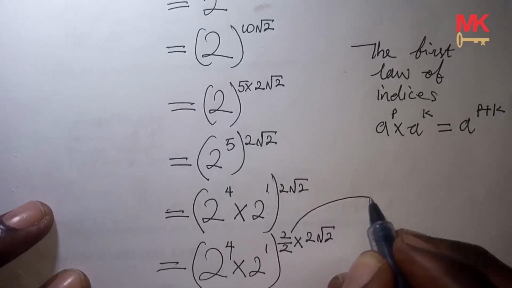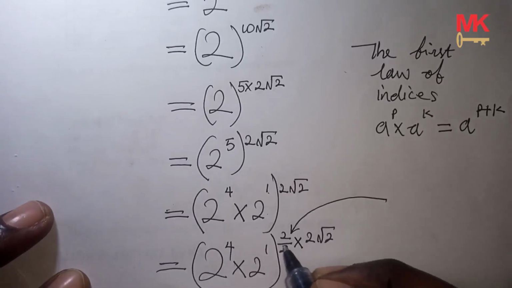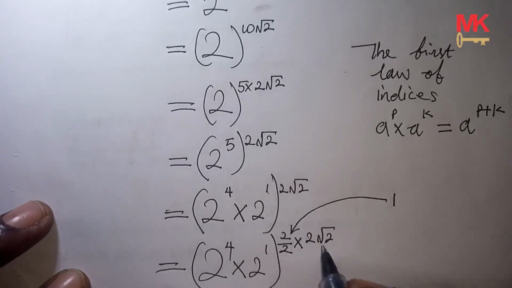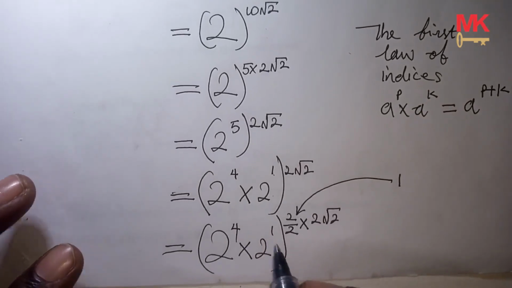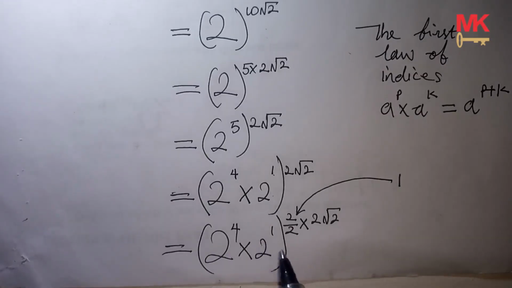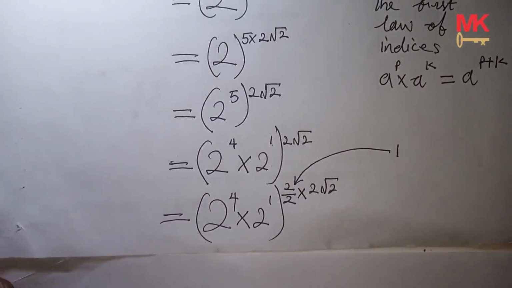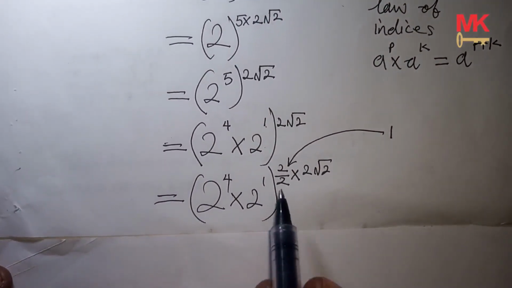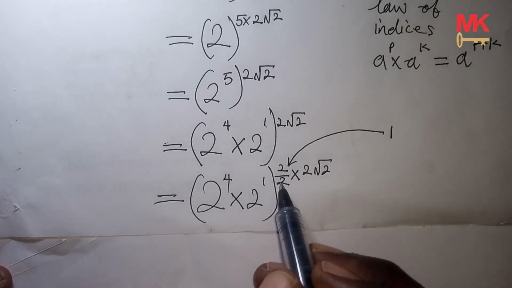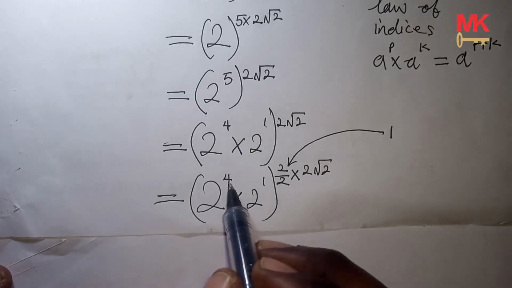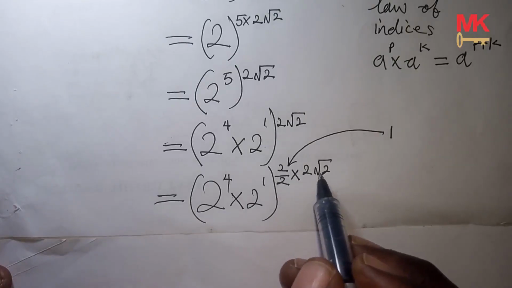You know 2 over 2 is 1, so nothing has been done here. No harm has been done to this whole thing. So what we are going to do at this point is let the 2 at the bottom, that's 1 over 2, come in and let this 2 multiply the root 2.